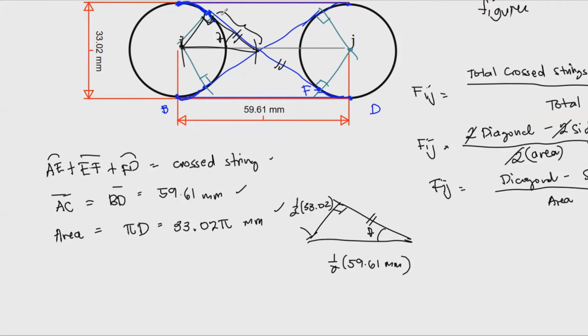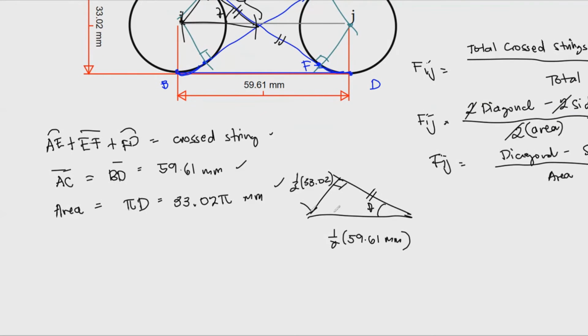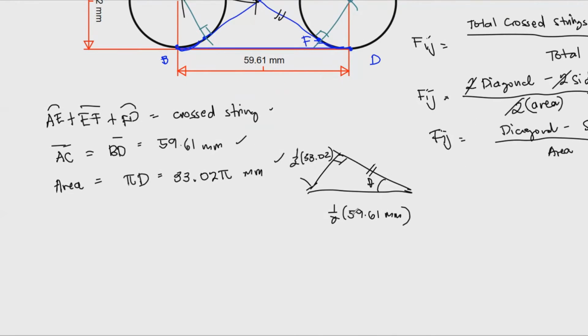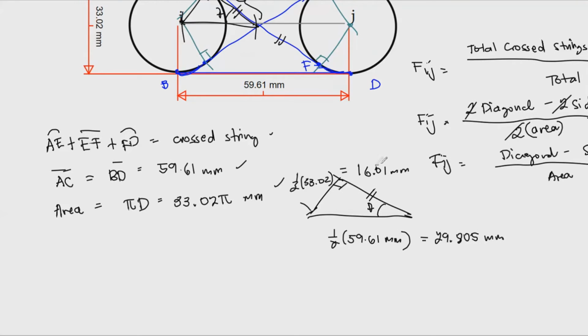I will now have the opposite value for the dimension of the triangle for theta, and of course its hypotenuse for this triangle. So let me just give the values for this. This one is equal to 29.805 mm, and this one is equal to 16.51.